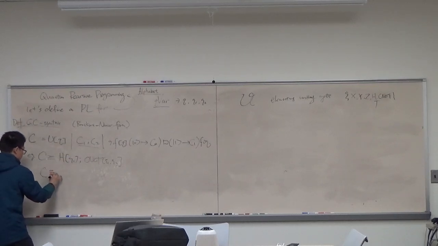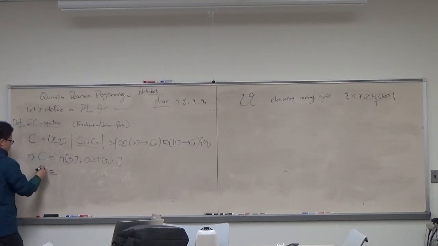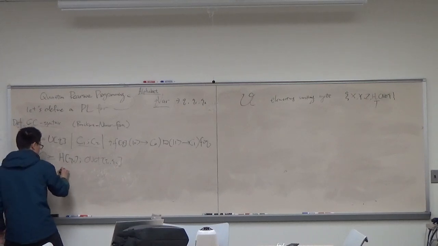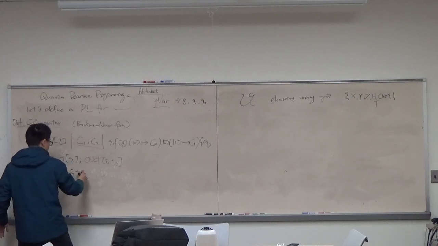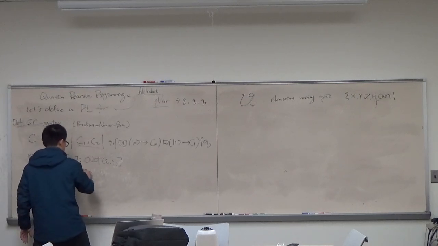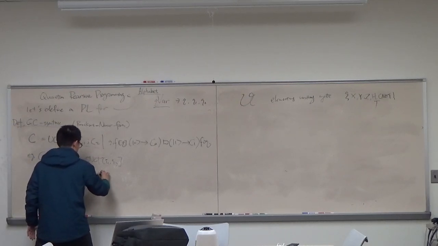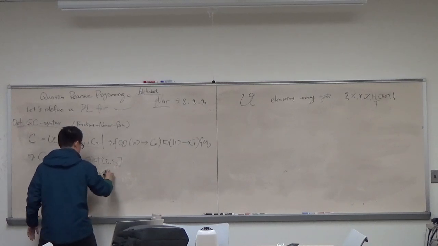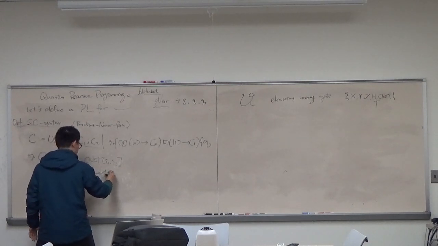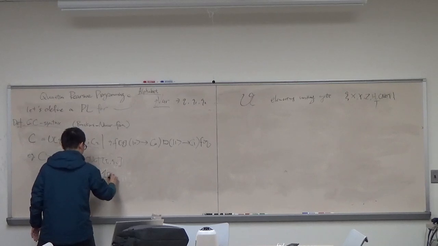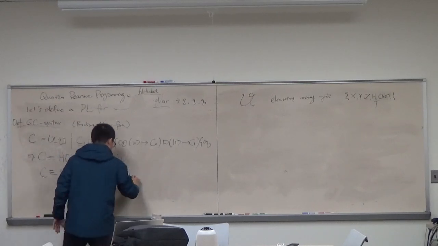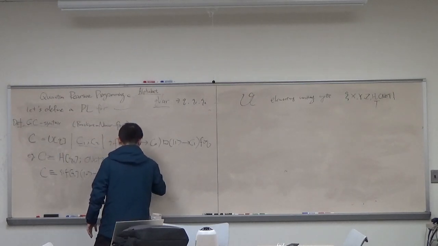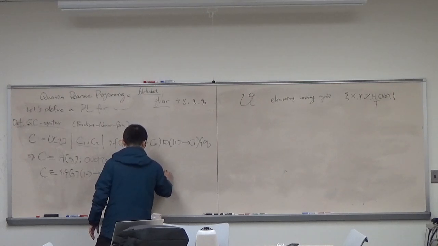You can also write it as another C. It can be just a QF on Q1, and 0 to perform I identity on Q2, and 1 to X on Q2.